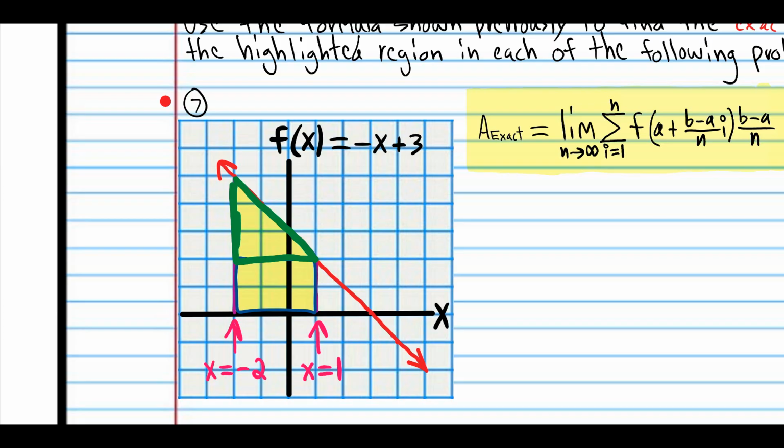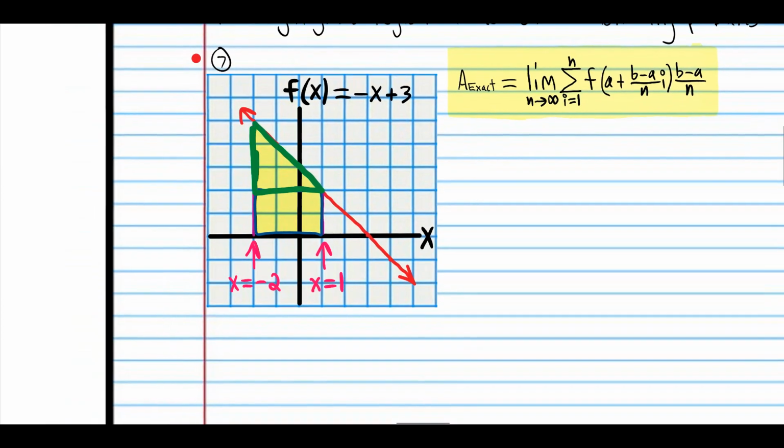Alright, in fact, let's go ahead and do that. The area of the blue rectangle, well, that would be width times height, or length, however you want to think about that. So that is 3 times 2, which is 6.